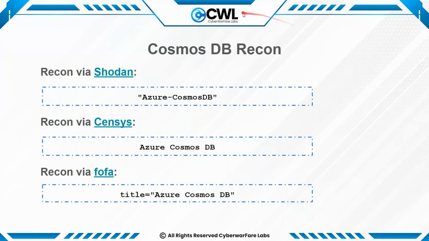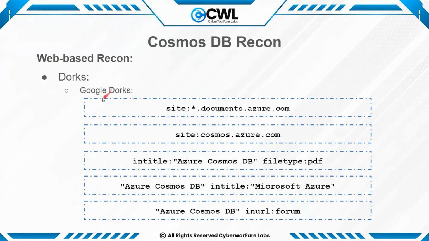Yeah, let's move on. We have some dorks here as well to search for Cosmos DB, or anything regarding Cosmos DB. As I've told you, you can do lots of things with the dorks. In the first dork, we are searching for this particular subdomain, documents.azure.com.